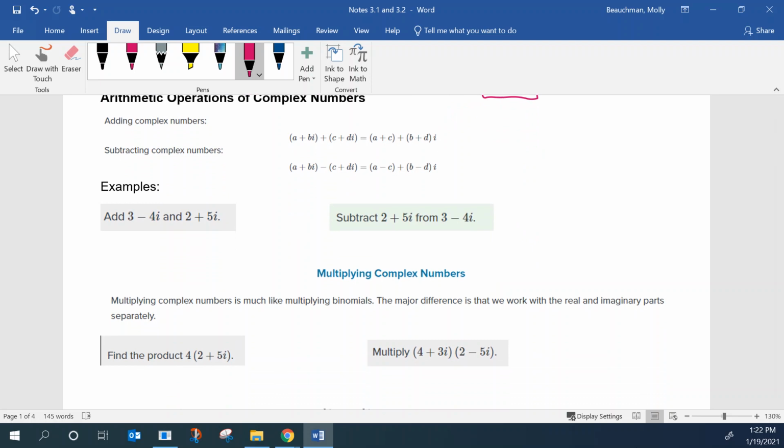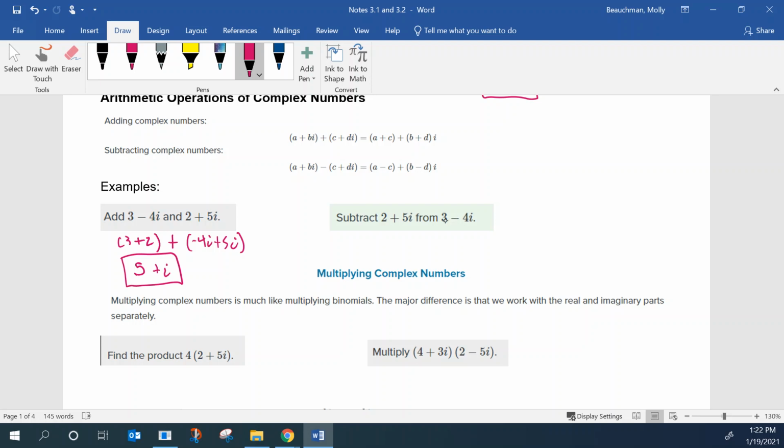In our example, we add 3 plus -4i and 2 plus 5i. Add the real parts: 3 plus 2 equals 5, plus, and then add the imaginary parts: -4i plus 5i is a positive 1i. So we get 5 plus i.